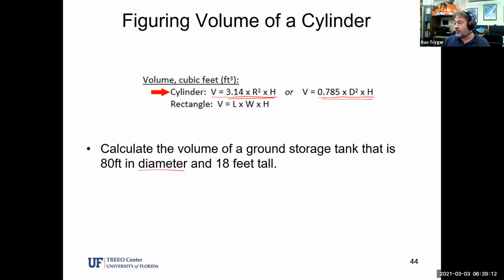So if we go directly to the 0.785, because it involves the diameter, we would write it like this: 0.785 multiplied by the diameter, which we said was 80 feet. And we're squaring that first by multiplying it by itself. And then the third dimension is the 18 feet. That is the height. So we're going to multiply those numbers together.